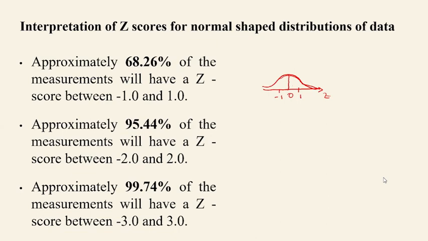These are the Z scores. So this area is 68.26%.